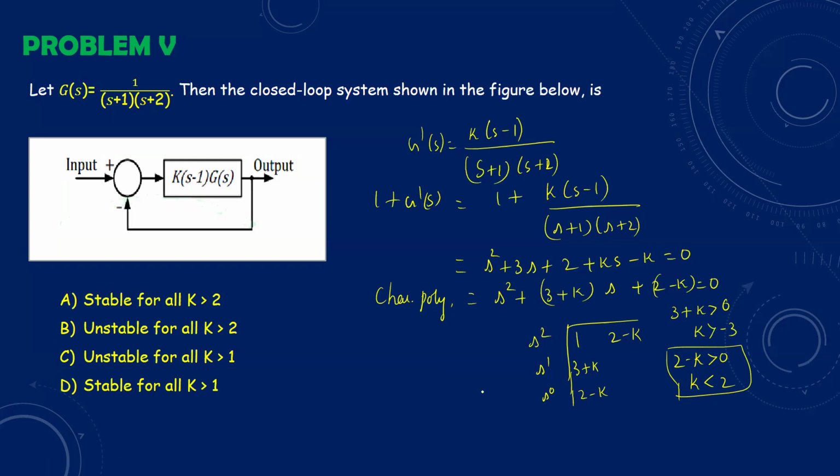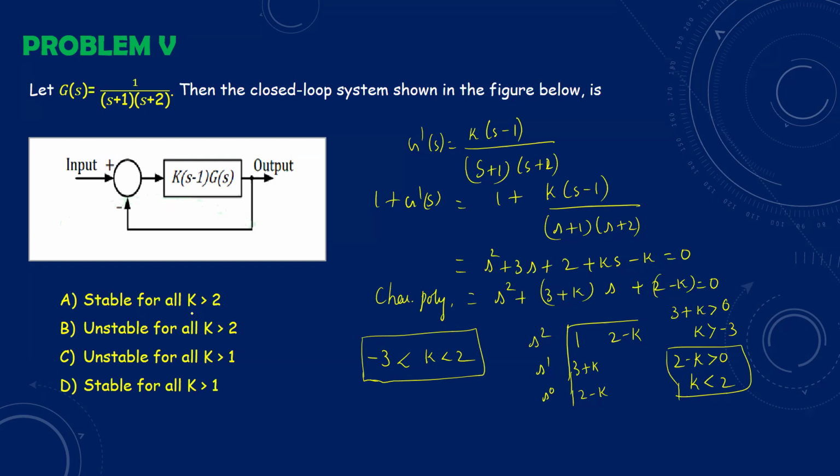So for the stability condition, k should lie between minus 3 and 2. If k is between minus 3 and 2, the system will be stable. This is the range of k for stability.